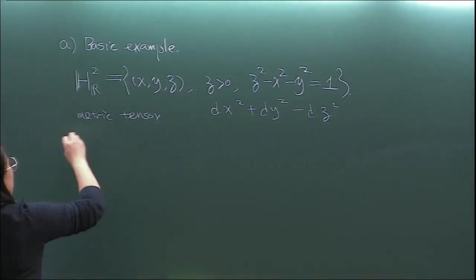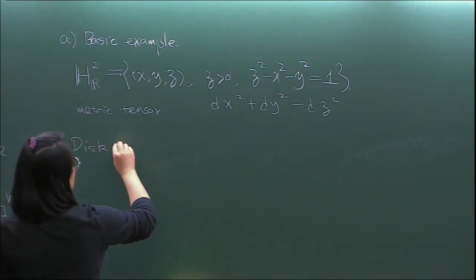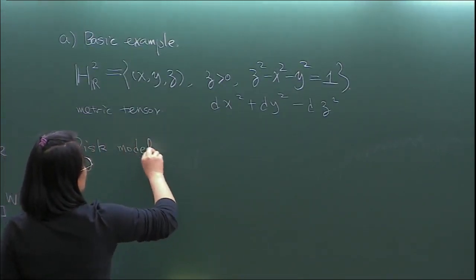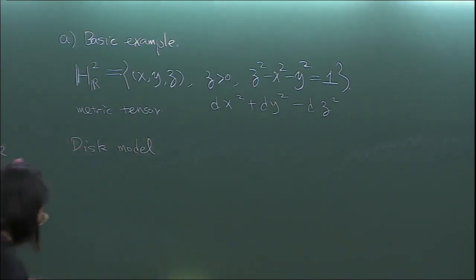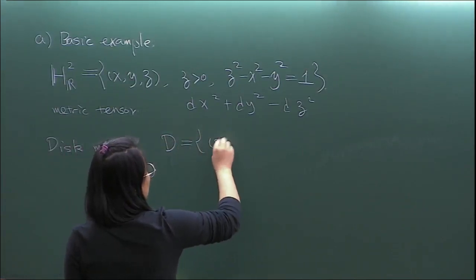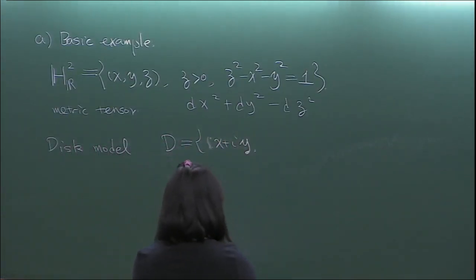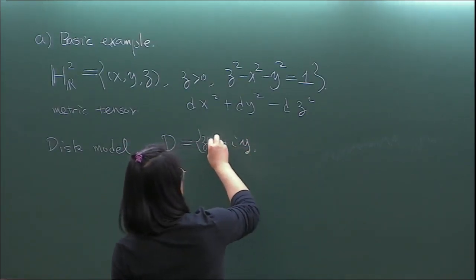It's the same as the disk model, the Poincare disk model. And here you have the d equals x, y, and this z equals this one.